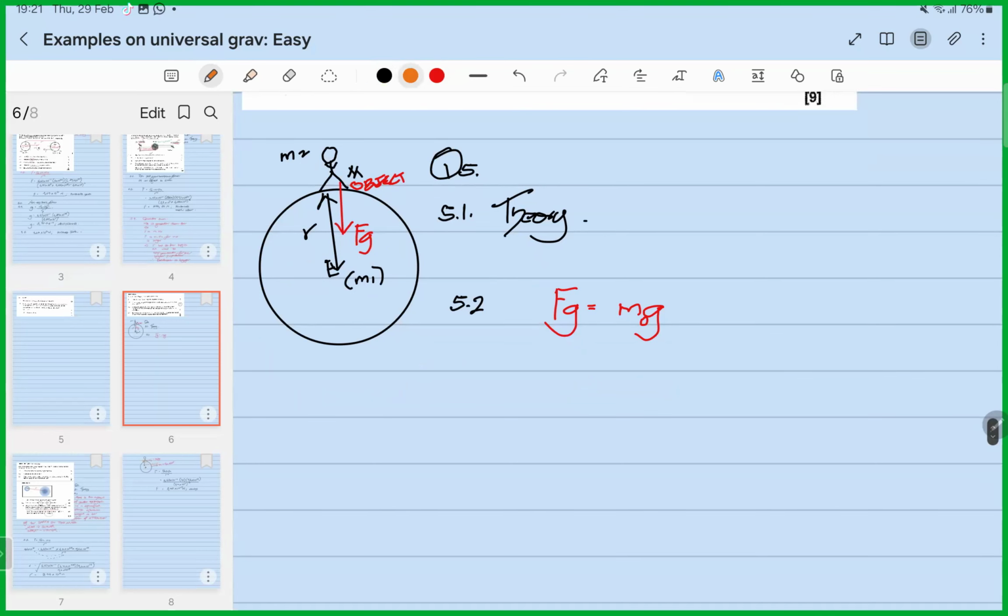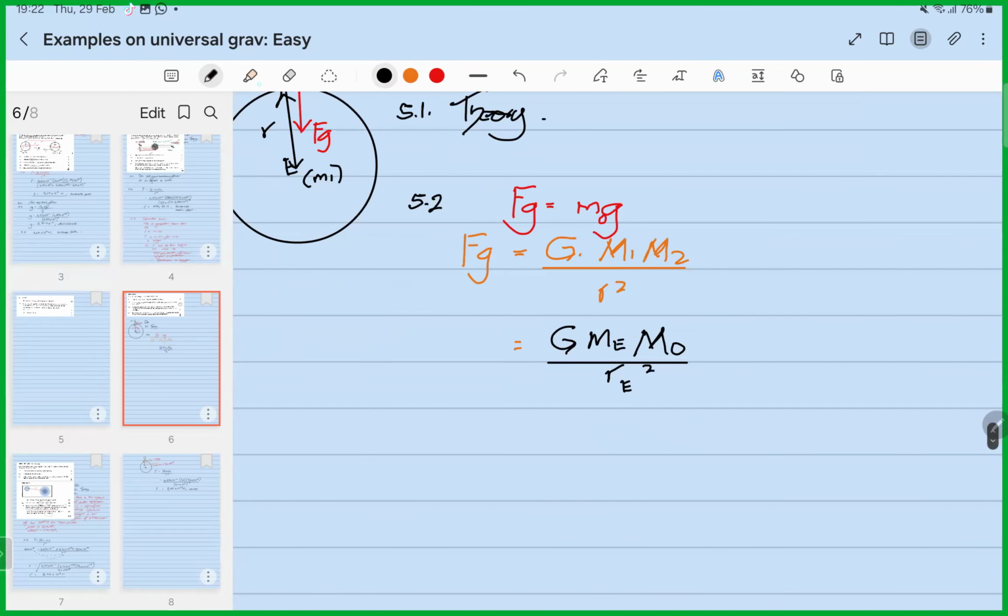So that same Fg can be given by G m1 m2 over r squared, where m1 now is the mass of the Earth, m2 is the mass of any object placed close to the Earth, and r is technically the radius of the Earth here. I'm putting the e down so you know it deals with the Earth. But it doesn't have to be specifically for Earth, eh? It could be for any planet.